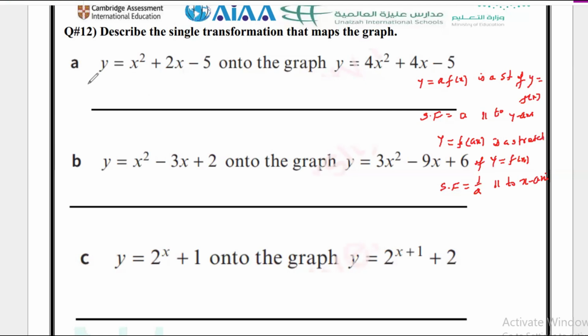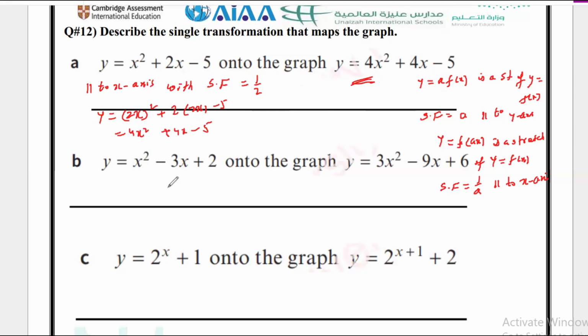So we can say that it's parallel to x-axis and with stretch factor 1 by 2, because they substitute 2 here so that it becomes 4. It means stretch factor must be 1 by 2. If you apply, you can check here 2x whole square plus 2 into 2x minus 5, that gives you exactly 4x squared plus 4x minus 5. So same equation. I hope it is clear.